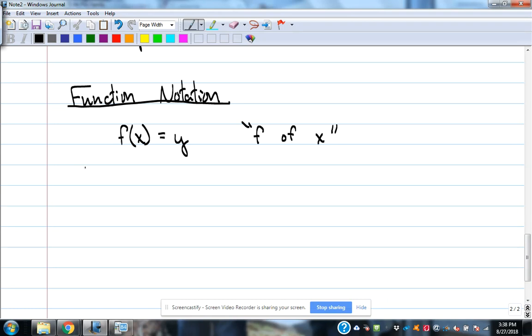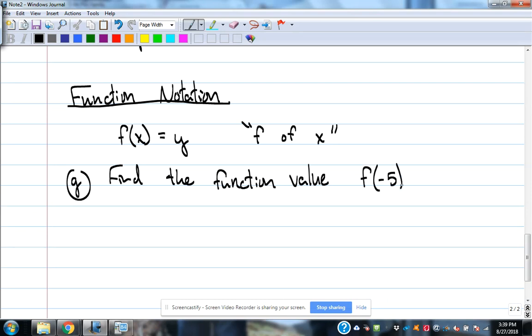notation. And one of the things that we might have to do is find the function value f of -5, and then they give you this function f of x equals 3x plus 5.